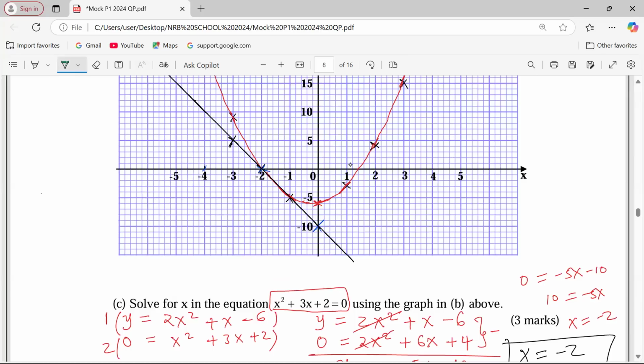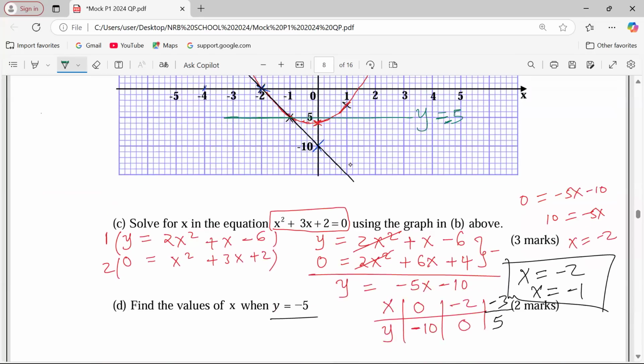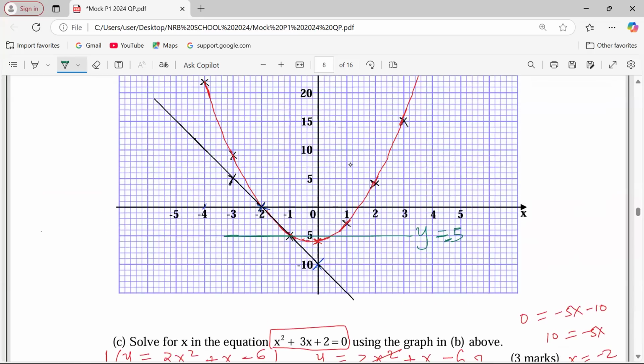Y equals negative 5 is this line, a horizontal line. Yeah, that's the line y equals negative 5. So now, again, where is this line intersecting with the original curve?